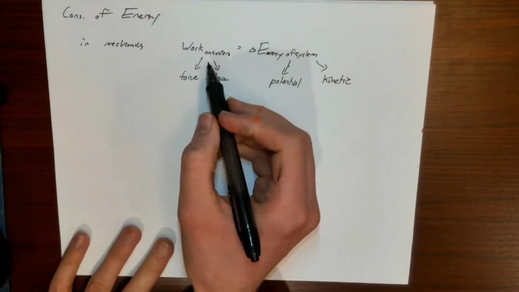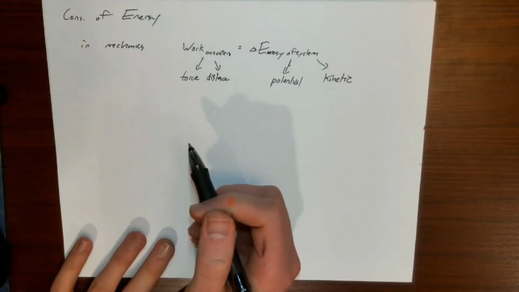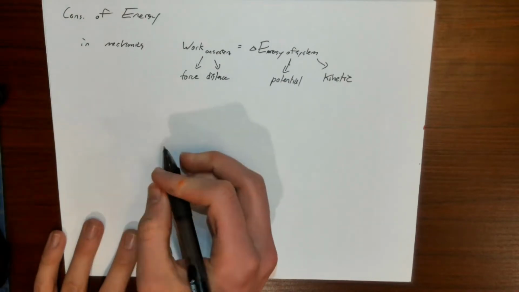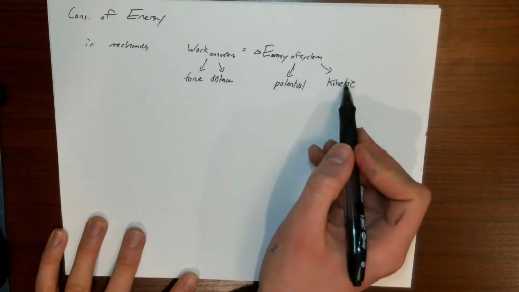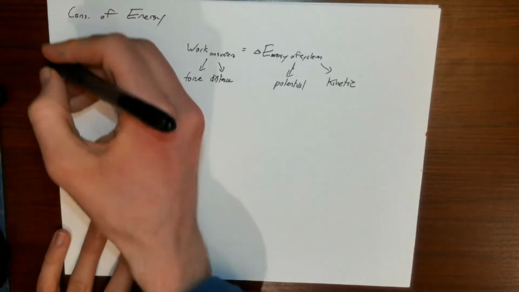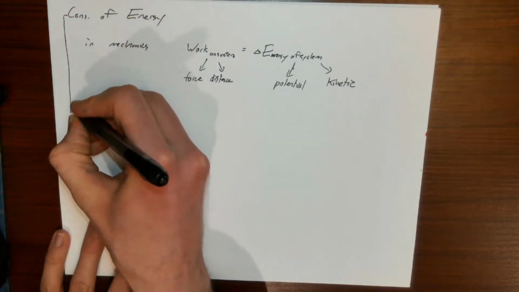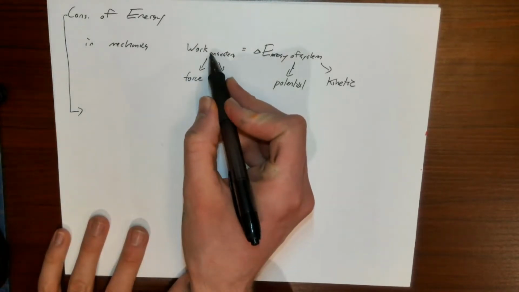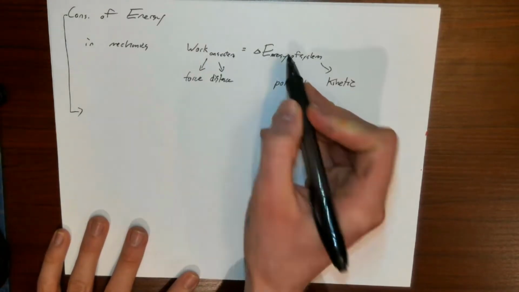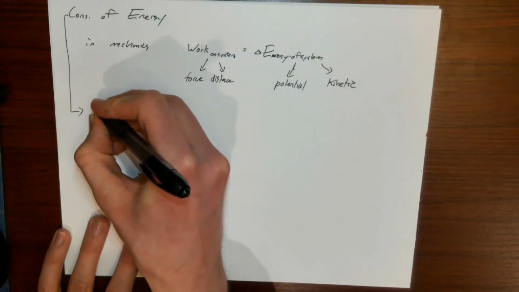In fluid mechanics, there's an analogous thing for conservation of energy, but rather than framing it in terms of work and a change in potential and kinetic energy, we oftentimes in fluid mechanics frame it in a way that we did before. Rather than in terms of work and energy, we frame it in terms of rates.